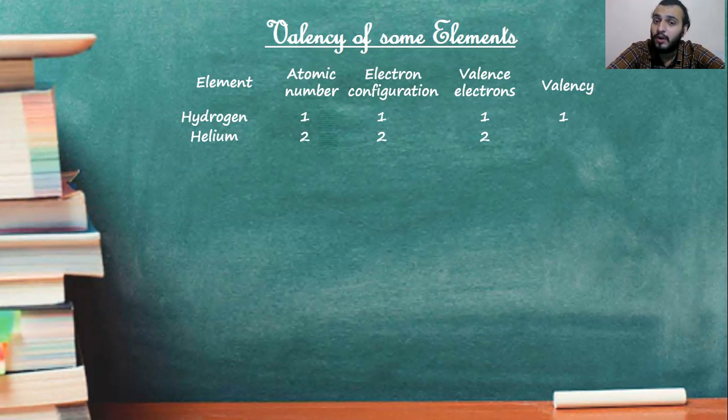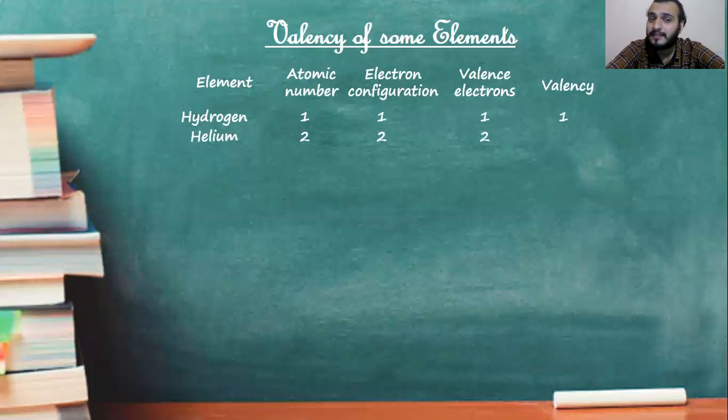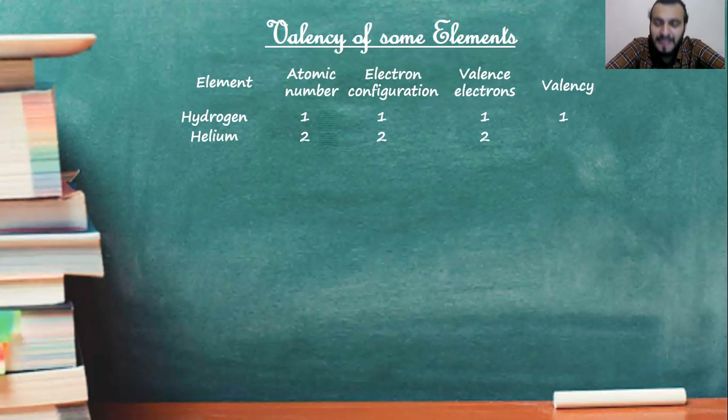Helium has already completed its duplet. So the duplet is complete, so it is already stable. Already stable, hence its valency is 0. It will not take part in a chemical reaction or it will not combine. What is valency? Combining capacity of an element. But as helium is stable, it will not combine, so its valency is 0.